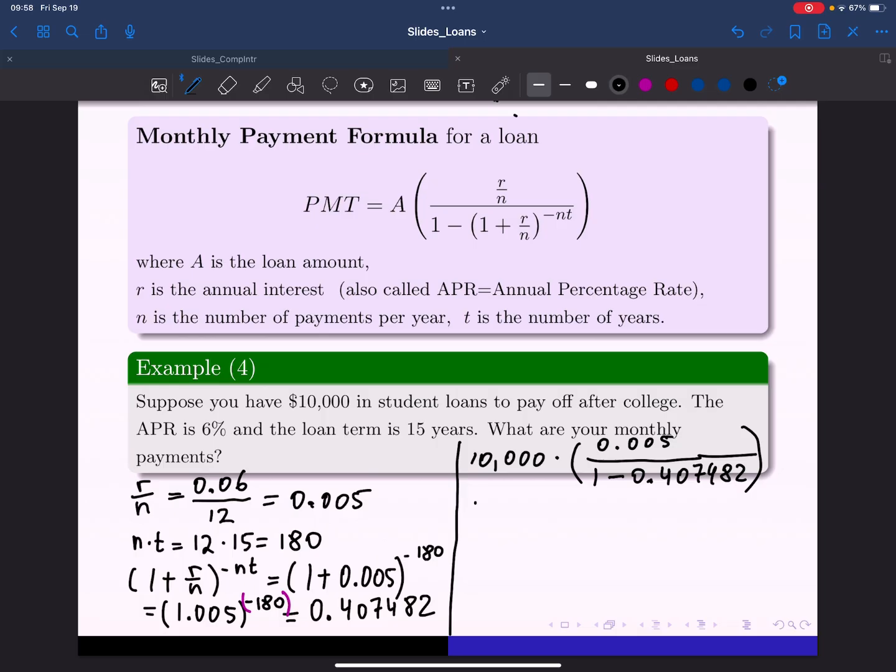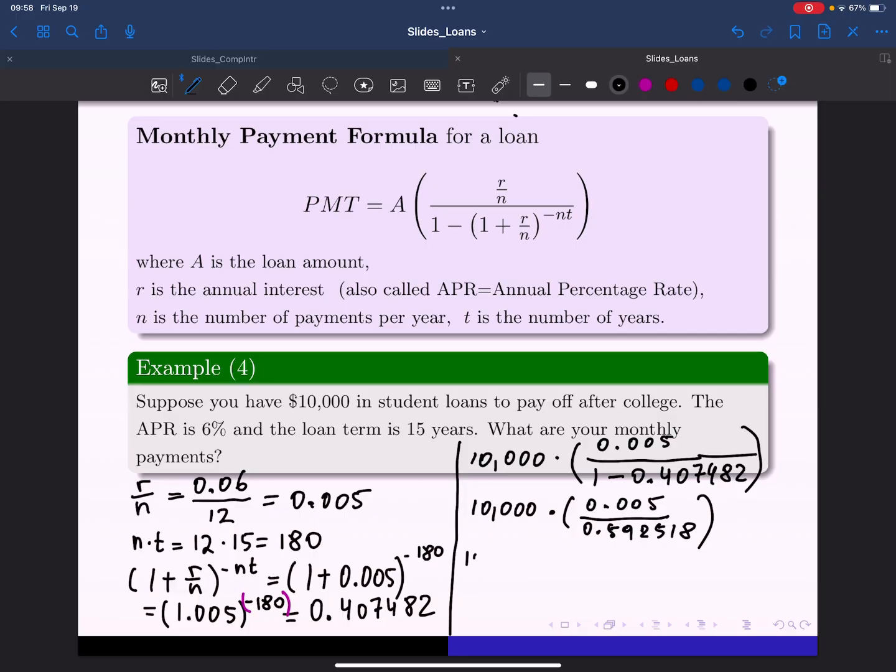So I'm getting 10,000 times 0.005 divided by 0.592518. Then we divide those two.